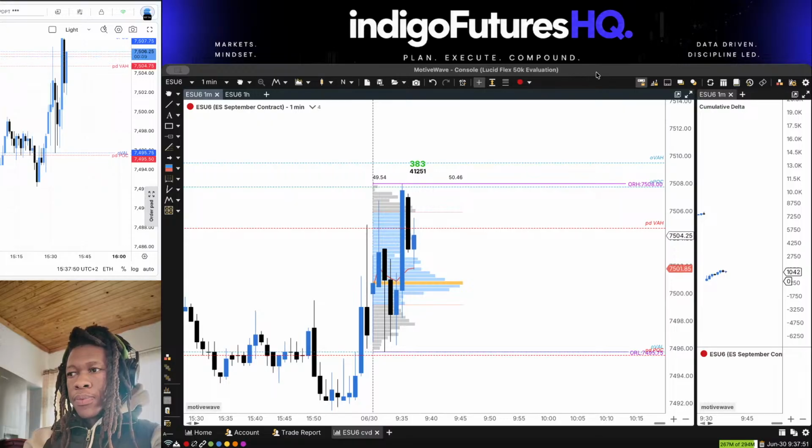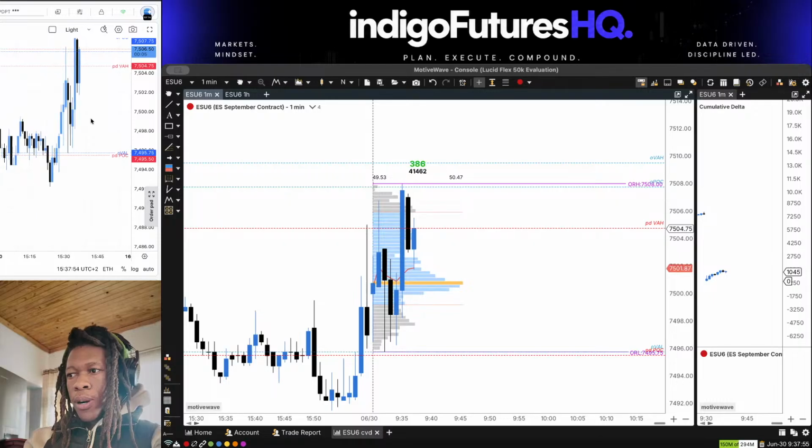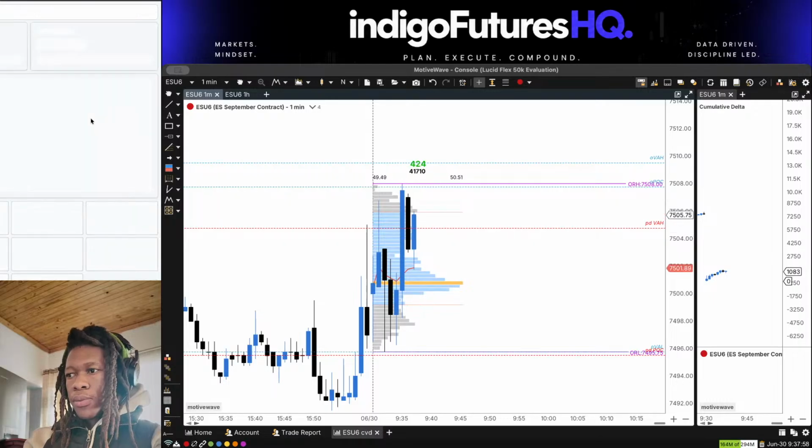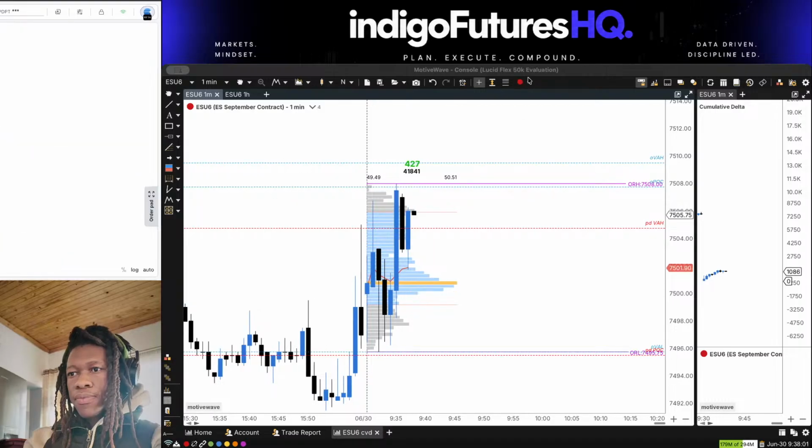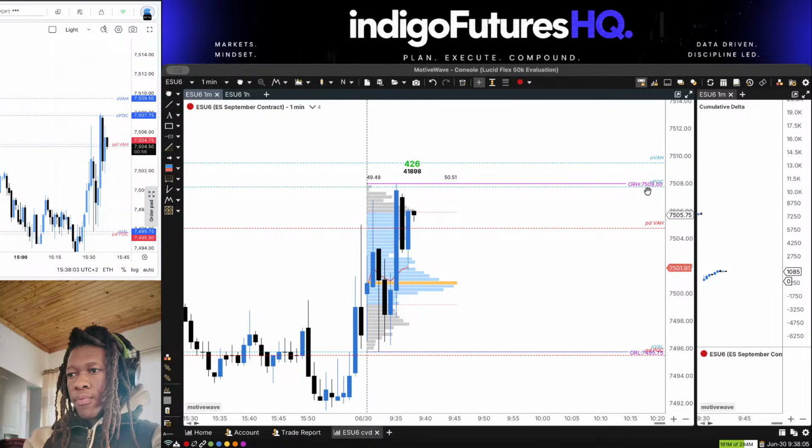Let me move this slightly this way, so I just make sure that we are moving. I just want to make sure that we are where we're supposed to be. See, we're not. It's not really matching right now, is it? Previous day value high, that break has already happened.